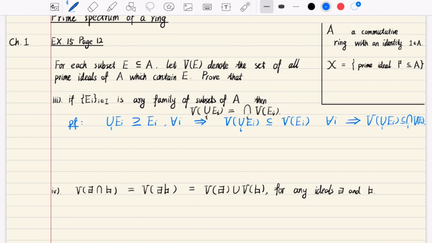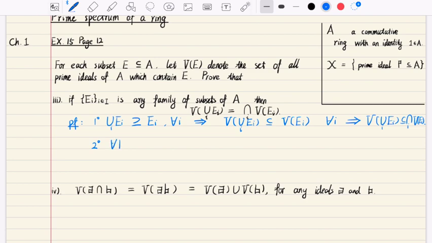This direction is somehow trivial because we have the property of order-preserving. For the other direction, we need to use some definition.